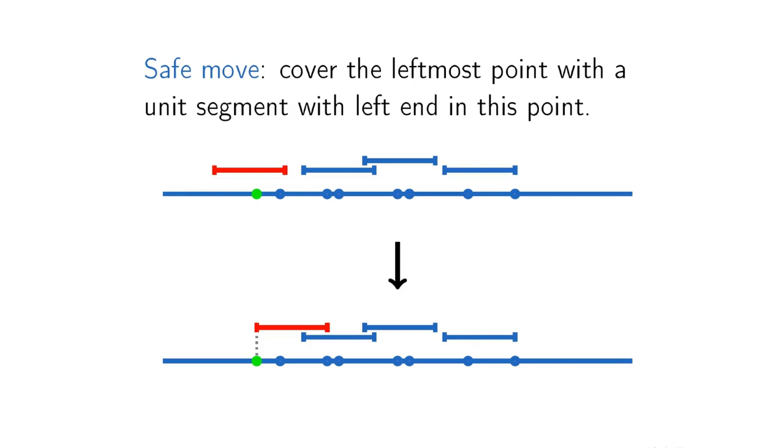And that means that it is also an optimal covering. So, we have just found an optimal solution in which there is a segment which starts in the leftmost point. So, we proved that covering the leftmost point with the segment which starts in it is a safe move.